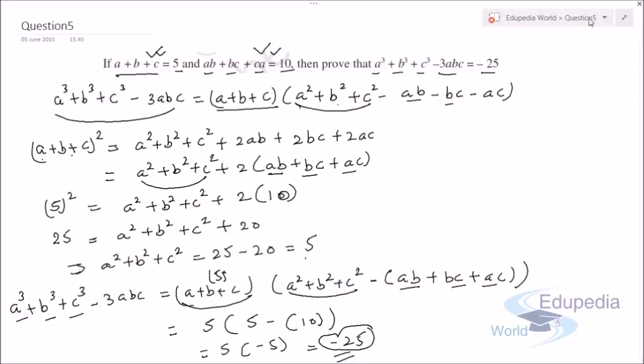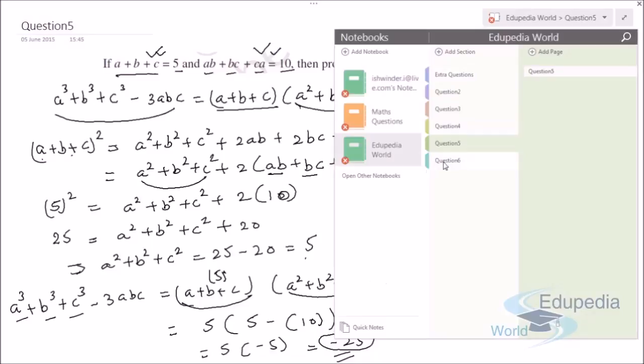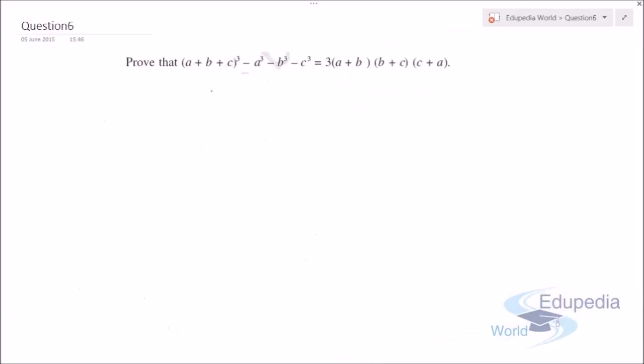So let's see the last question of this video, question number 6, and this is also a very good question. So we have to watch the question carefully. You have to prove that (a plus b plus c) whole cube minus a cube minus b cube minus c cube equals 3 into (a plus b) into (b plus c) into (c plus a).